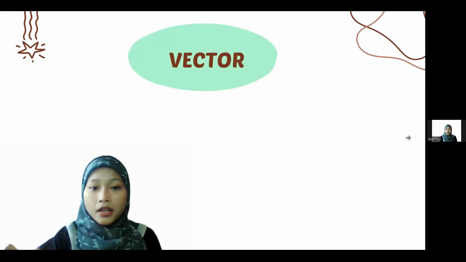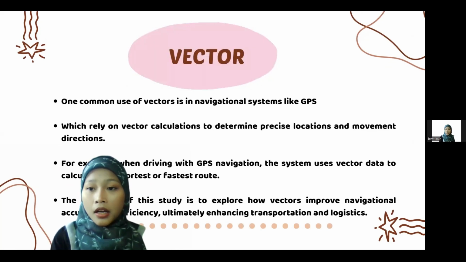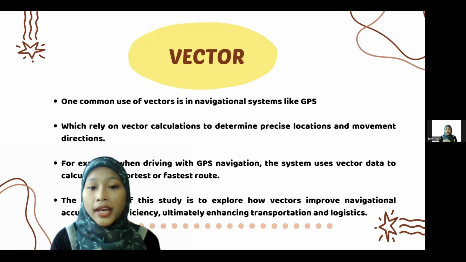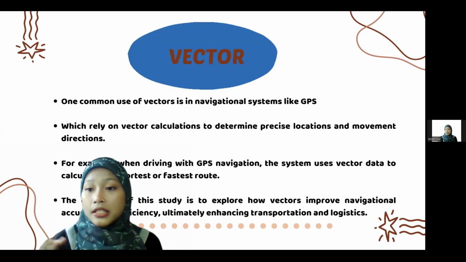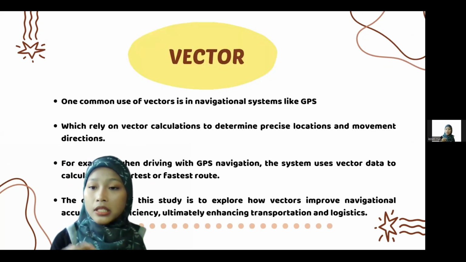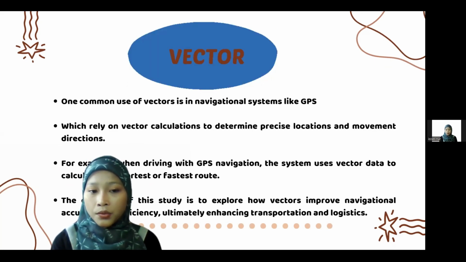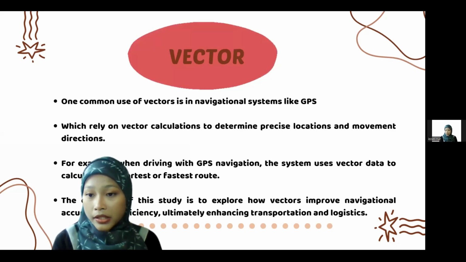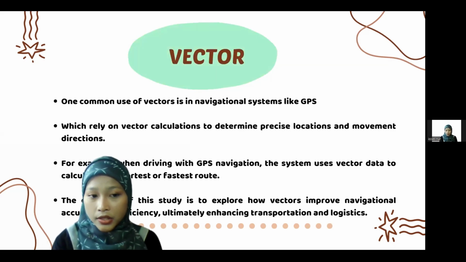Okay. So, for today's topic, we will go through vectors in navigational systems like GPS. We know navigational systems like GPS rely on vector calculation to determine precise location and also movement direction.